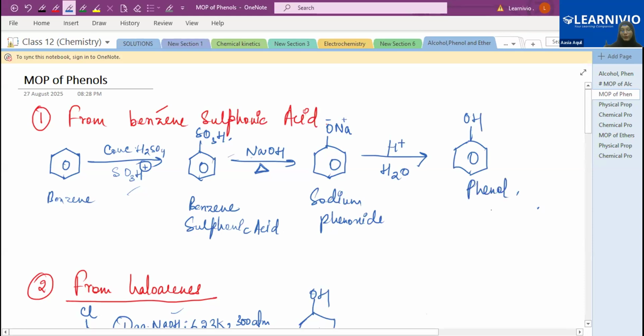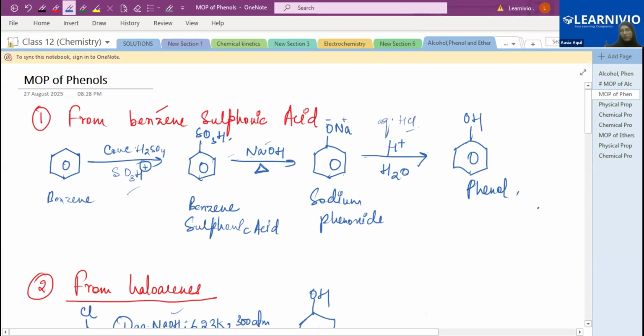Again I'm repeating. First step, when you add concentrated H2SO4 to benzene, the electrophilic substitution reaction will occur, and you will get benzene sulfonic acid. After that, when you put sodium hydroxide and a little heat, it will give an intermediate, which is the sodium phenoxide ion. When you do the acidification, you can use aqueous HCl.